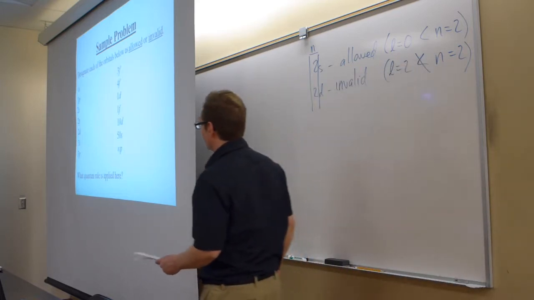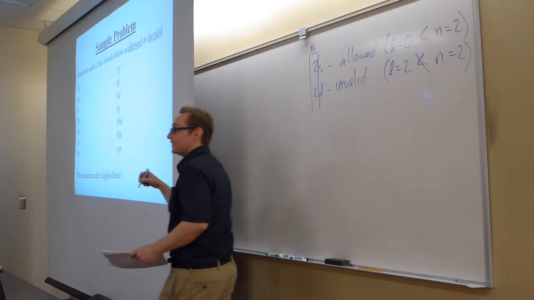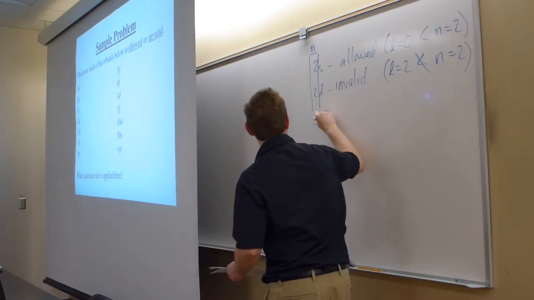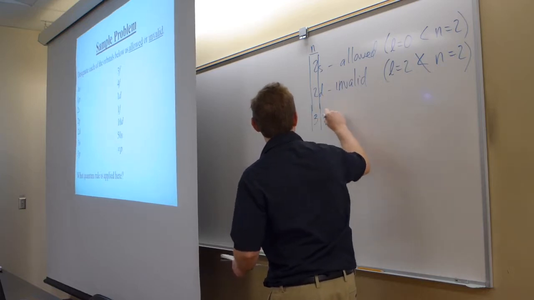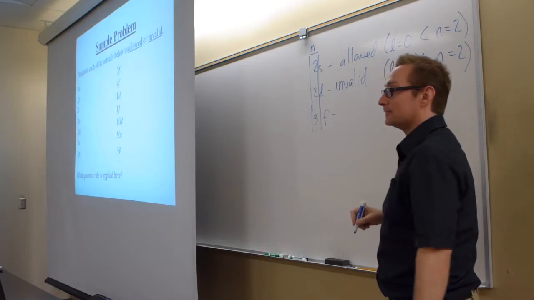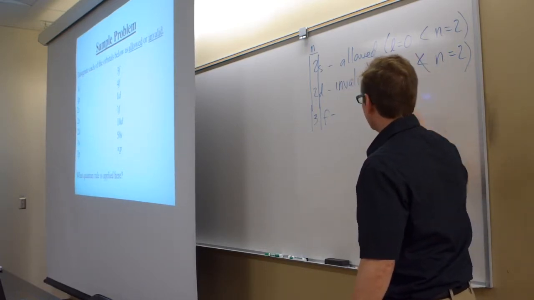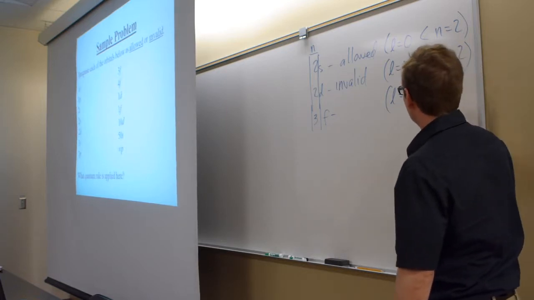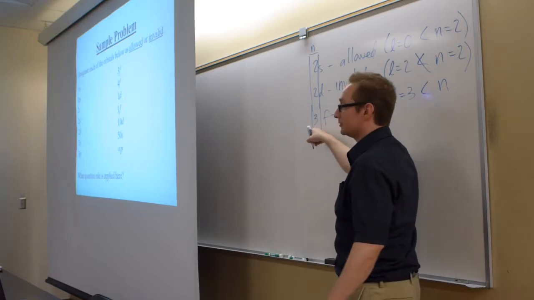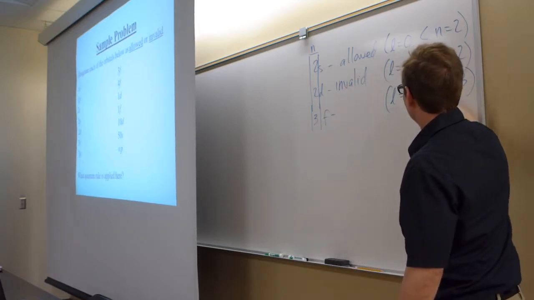Okay, what about a 3f orbital? Is that invalid or allowed? What is my L value for any f orbital? L is equal to 3 for any f orbital. So is this less than n in this case? What is n? 3, right? So is it allowed? No, it's not.